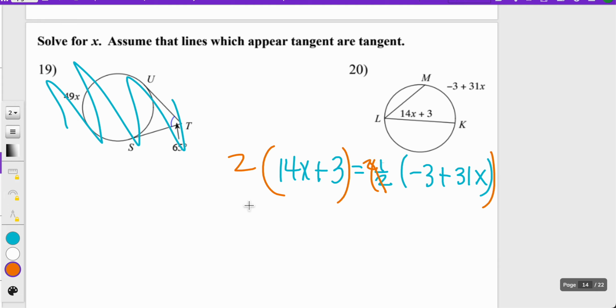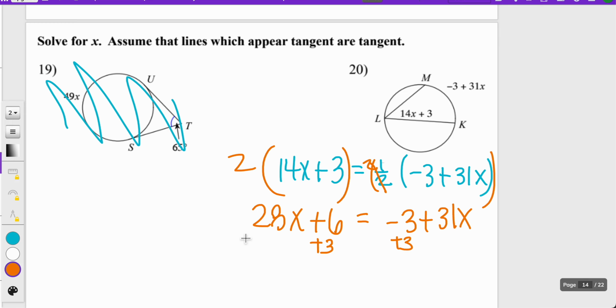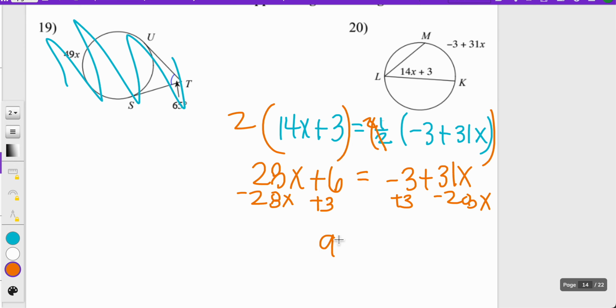So now I'm going to have 14 times 2, which is 28x, plus 6 is equal to -3 plus 31x. Okay, I'm going to move some things. I'm going to move my 3 over and move my 28x to the right. So I'm going to end up with 9 is equal to 3x, so x is equal to 3. Okay.